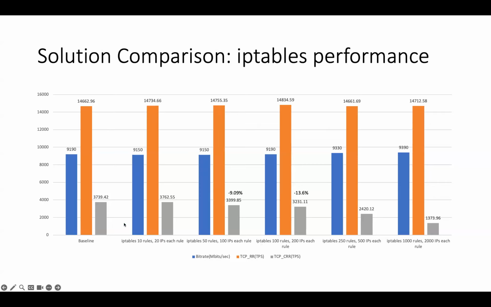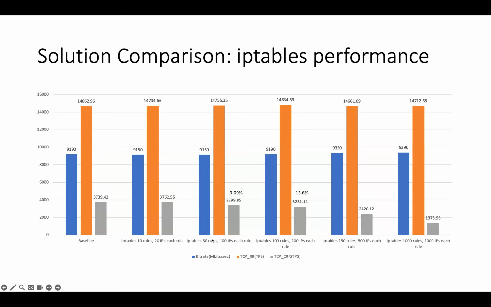However, TCP CRR, the capacity of processing new connections, will be affected by the number of rules. As we can see, when there are 10 rules, each referring to an IP set containing 20 IPs, it's almost unaffected.